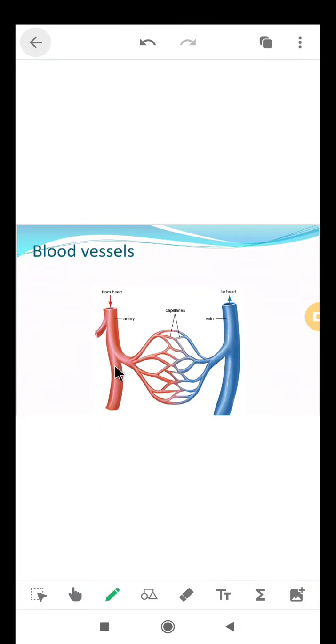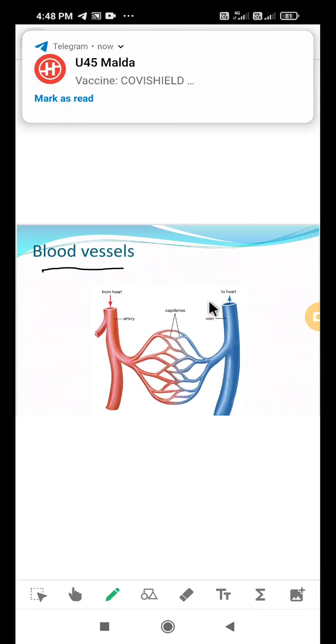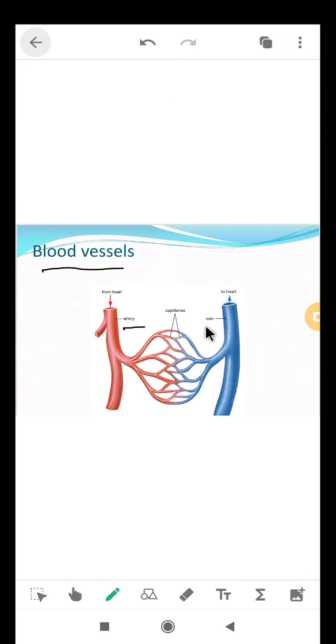And these are the blood vessels. How many blood vessels? Three types. This is the artery and this is the vein, and in between artery and vein, this is the capillary.